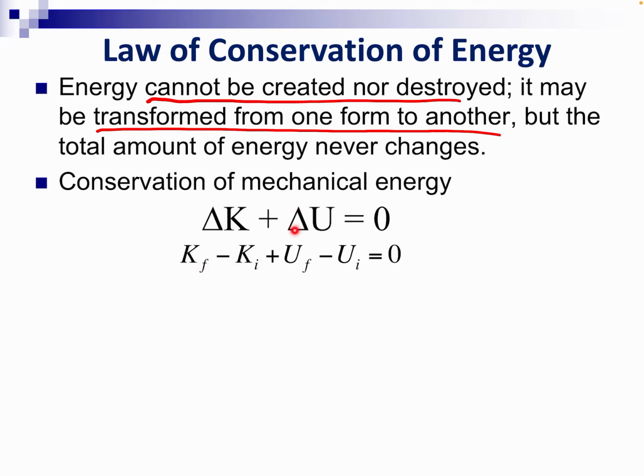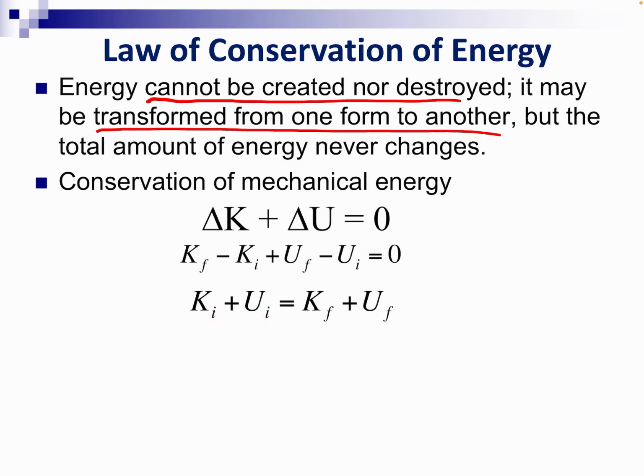I do the same thing for the change in potential energy, final minus initial potential energy, right? And then I want to collect all the initial terms on one side and all the final terms on the other side. Right, so I have initial kinetic plus initial potential energies should be equal to the final kinetic plus final potential energy.